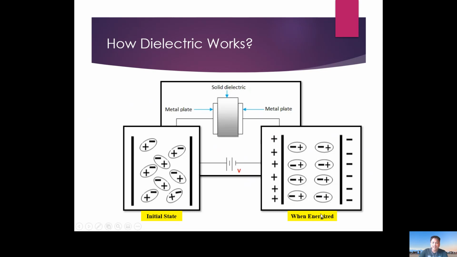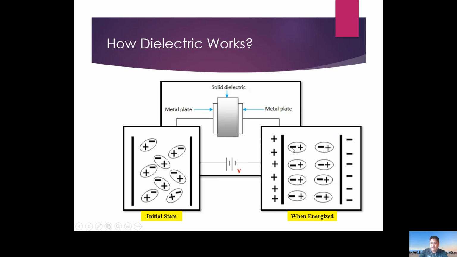Upon energization of this dielectric, since this is a positive side, all the negative particles are attracted to it. The same goes with this part. This is negative, so that is the reason why the positive charge, a positive atom, approaches this side.